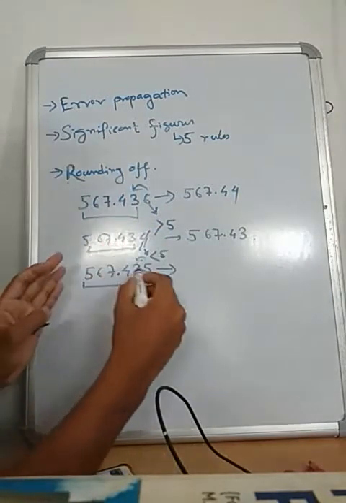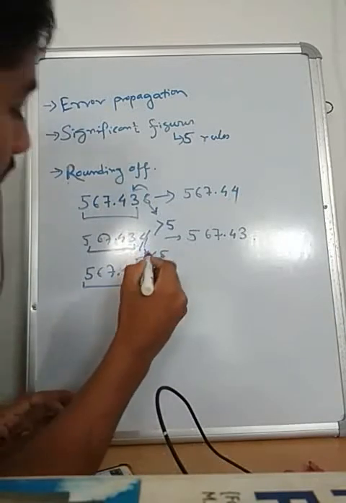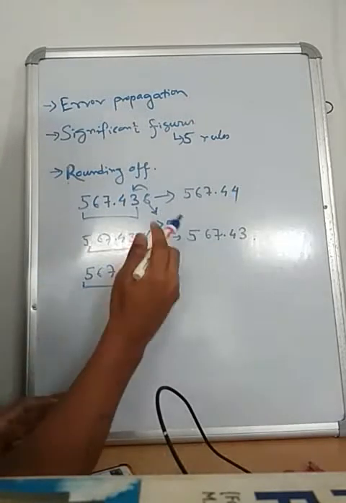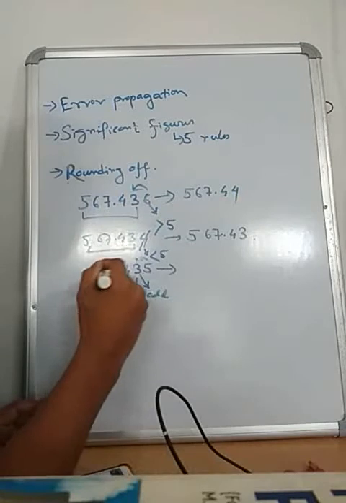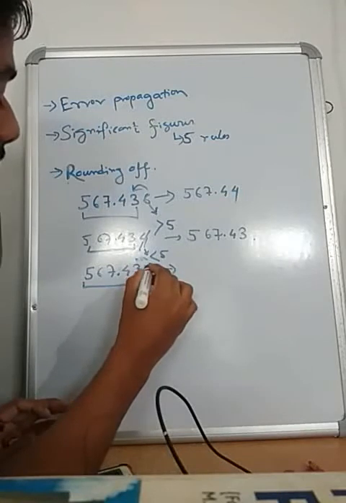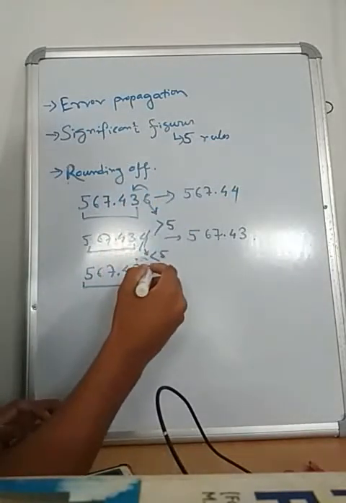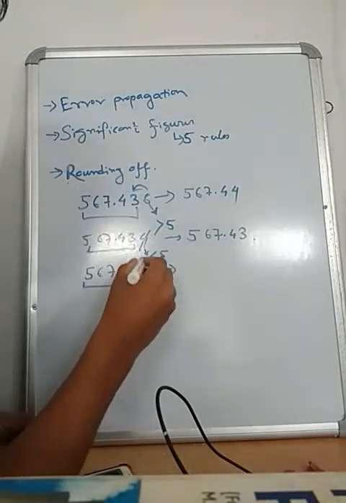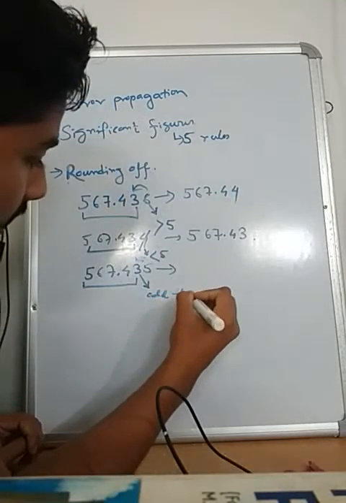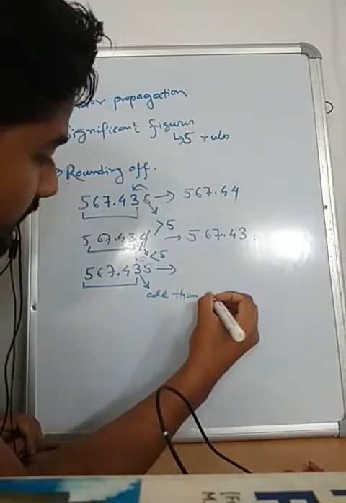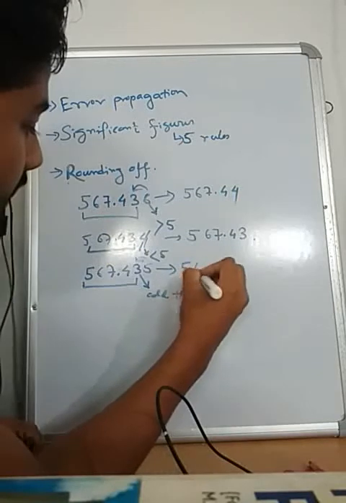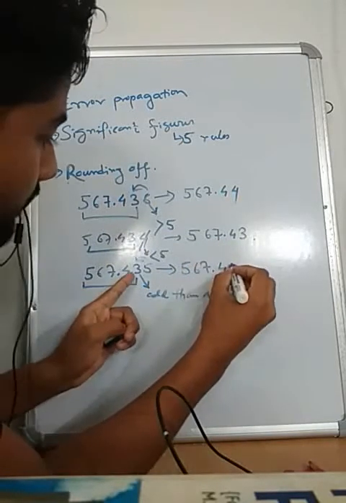Suppose we are given a number and told to make it significant up to 5 digits, and the next, sixth digit is 5. In this case, if it is 5, we see the preceding number. If it is odd, then we add 1, so after rounding off it will be 567.44.